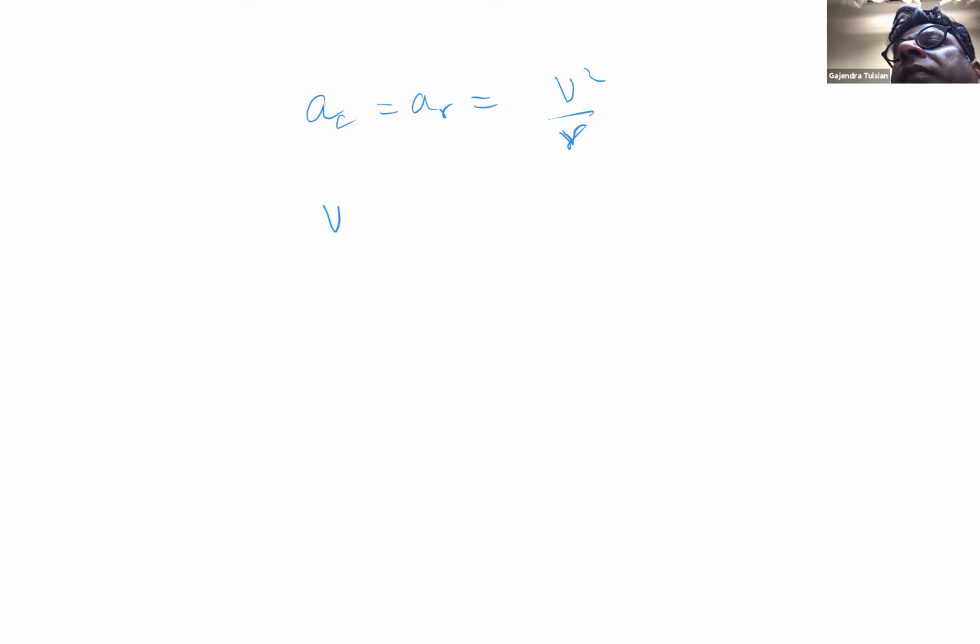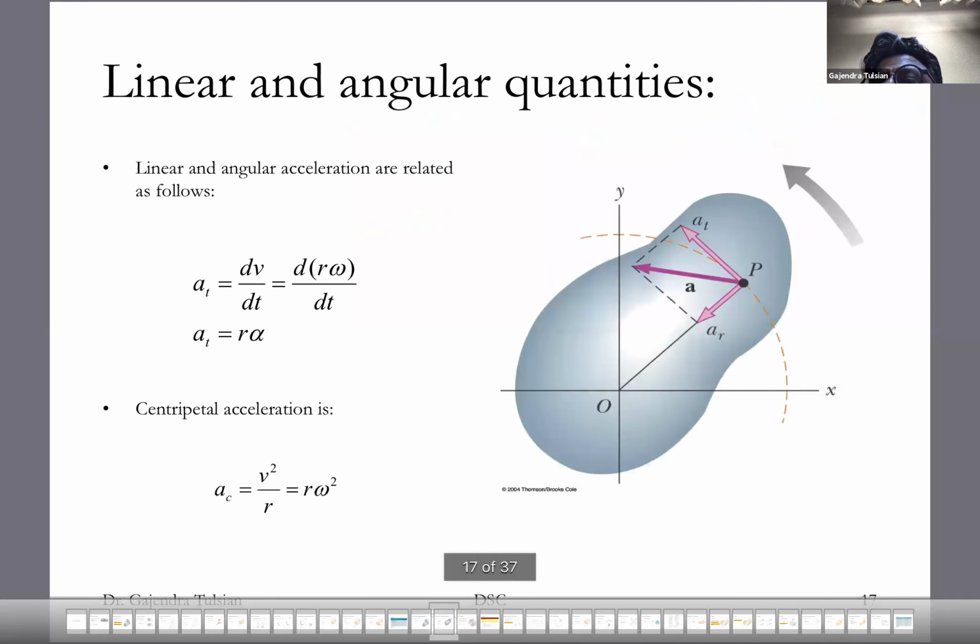Okay, and v is r times omega. v is the speed of the point distance r away from the axis of rotation. And so if you substitute that, r omega squared divided by r, this will work out to r omega squared. Okay, so that is the formula shown here. Okay.